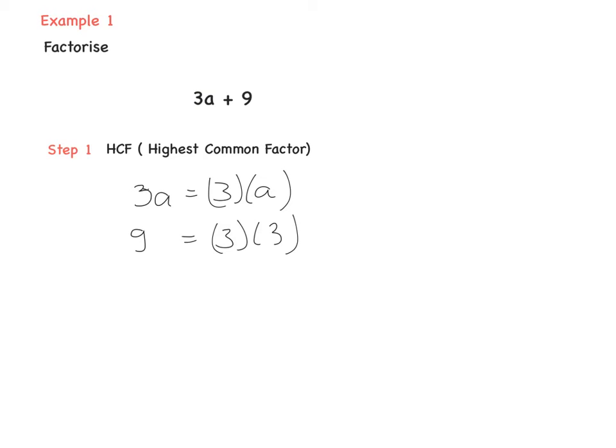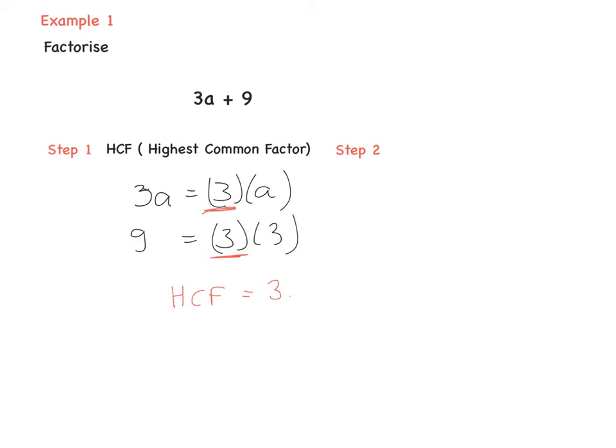Now look at this and tell me, do we have any common factor in here and in here? As we can see, 3 is common, so 3 is the highest common factor of 3a and 9. This is the first step, and it is done.